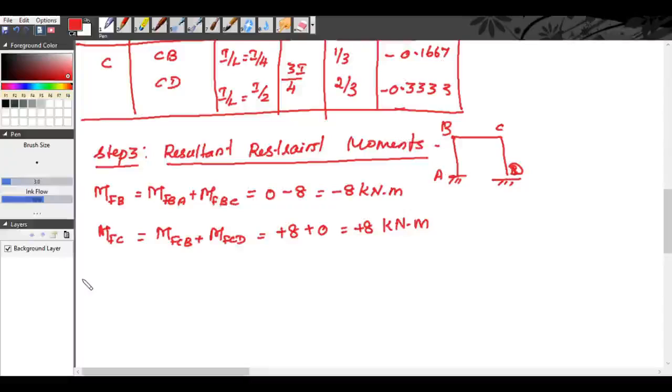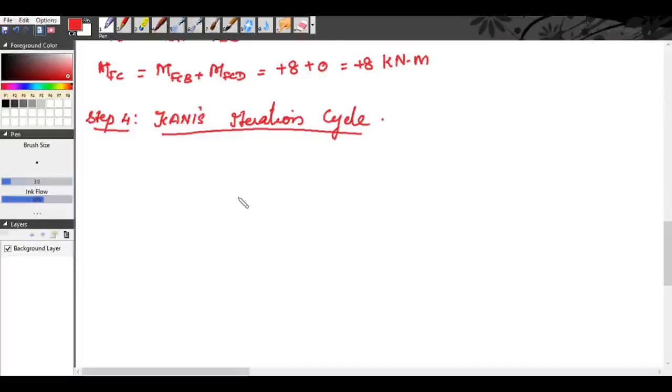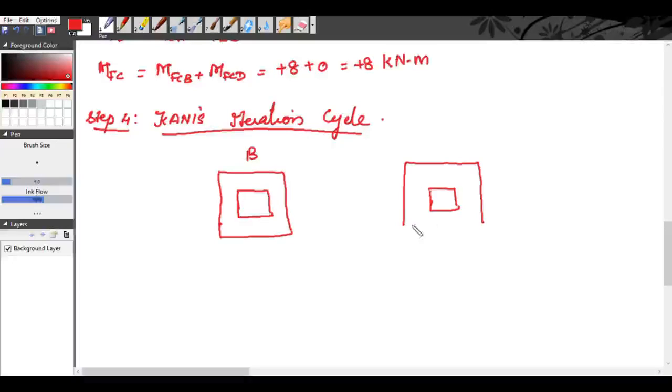Now we will move on to step 4, that is Kani's iteration cycle. So we have two intermediate joints B and C. We will draw one smaller box and one bigger box for joint B, and another smaller box and a bigger box for joint C. So B and C, BC is a span.